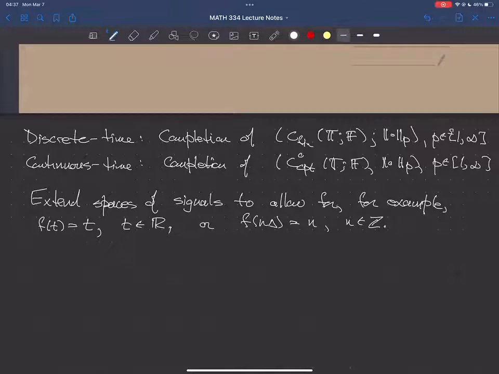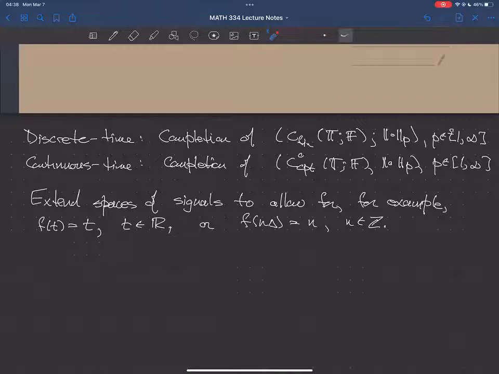There's nothing particularly obscene about things like this, but they don't fall into the class of signals. Here we're going to take T to be Z delta, and for this case we're going to take T to be R. Neither of these is in the completion in the discrete time case of this or in the continuous time case of that, but they're still interesting things, and we'd like to be able to talk about them.